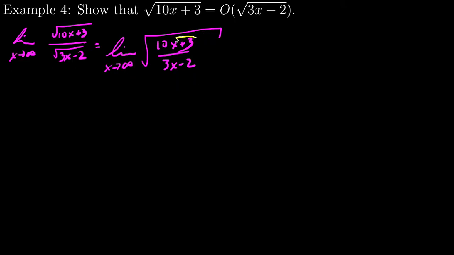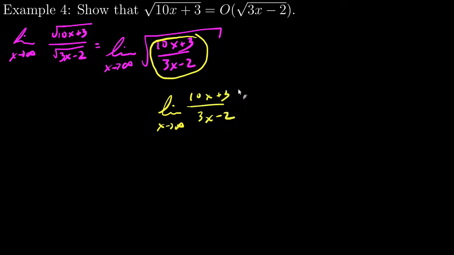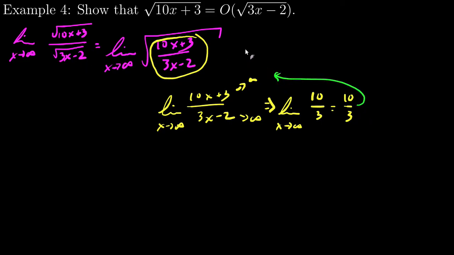If I consider what's happening inside the square root, the limit as x approaches infinity of 10x plus 3 over 3x minus 2, these approach infinity over infinity. So I can do the derivatives, L'Hopital's rule, and get the limit as x approaches infinity of 10 over 3, which is, of course, 10/3. And that lets me know that this limit up here will equal the square root of 10/3.